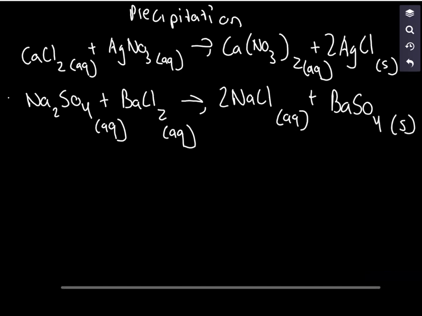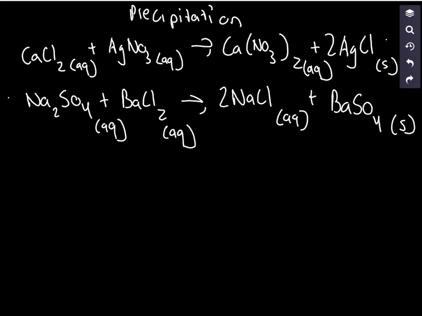So now you can see that we started off with two aqueous, right? And when these two react, we get one aqueous and one solid. So that is just a precipitation reaction. You get one solid and one aqueous from the reaction.